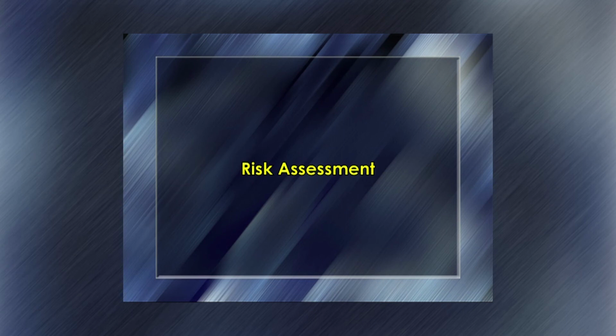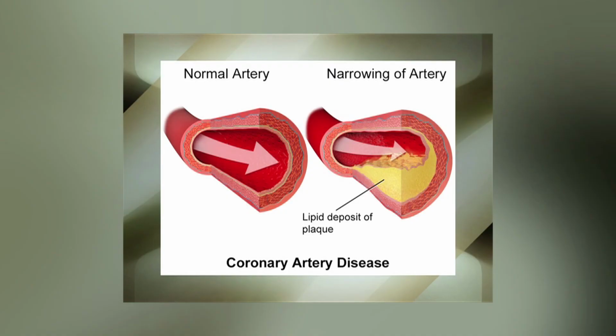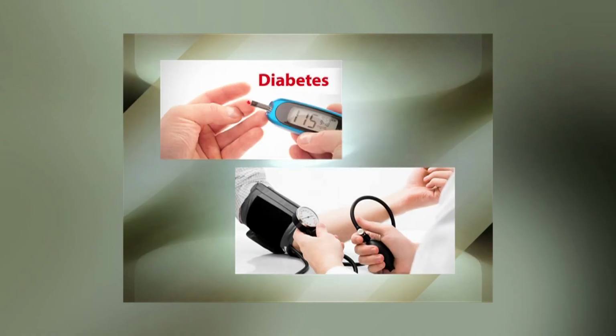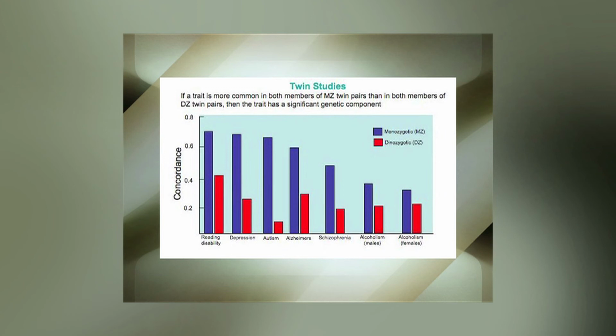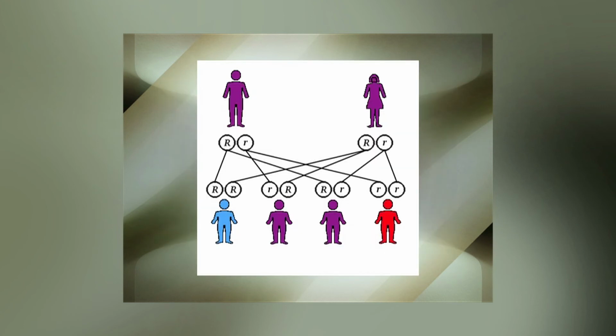Now, next comes risk assessment. Most common medical conditions, for example, coronary artery disease, diabetes and hypertension, are multifactorial in etiology. Multifactorial traits are determined by a combination of genetic and non-genetic factors. Evidence that genes contribute to a trait includes familial clustering, monozygotic twin concordance, and studies of heritability.